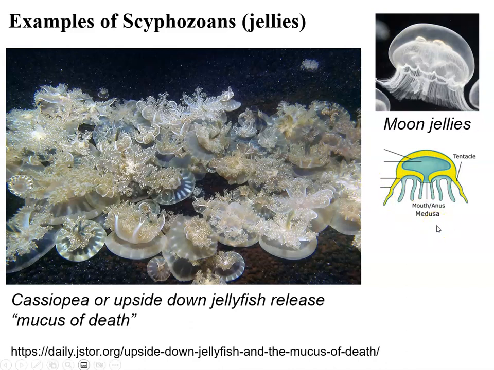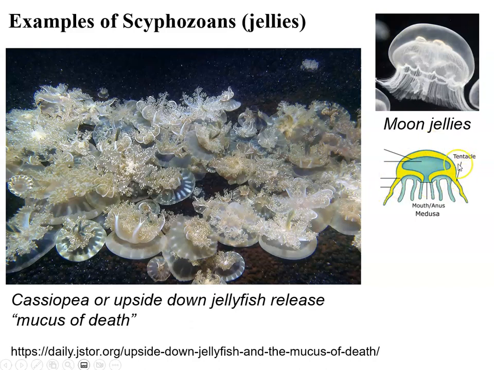So unlike the Cassiopeia, the moon jellies are oriented in the other direction, which would be considered right side up. As shown here in the little sketch on the right, their body is comprised of the tentacles, which come from the top, from the dome part, and then their mouth and anus, which is the same opening, is on their ventral side.